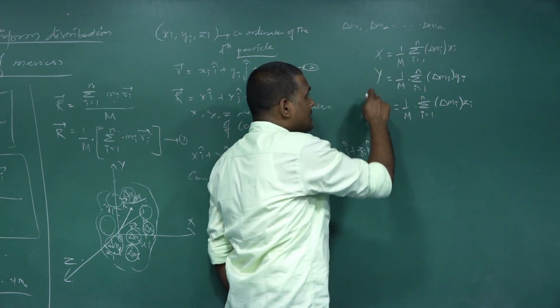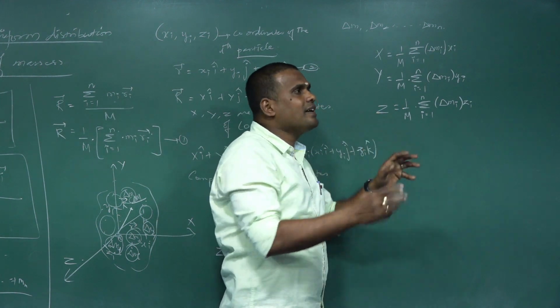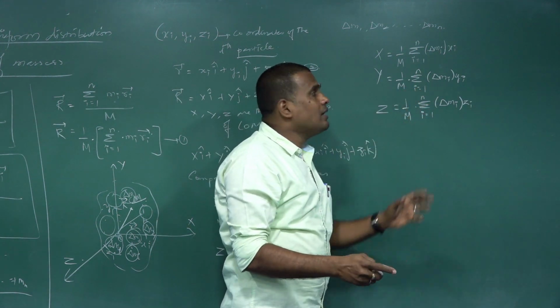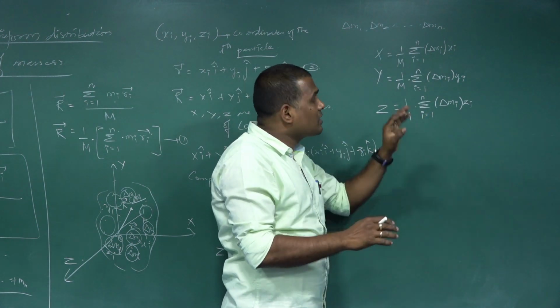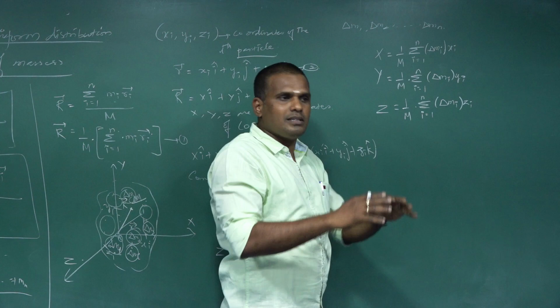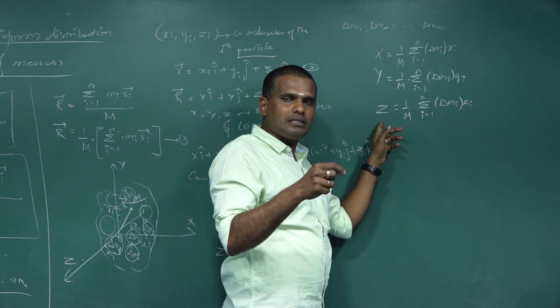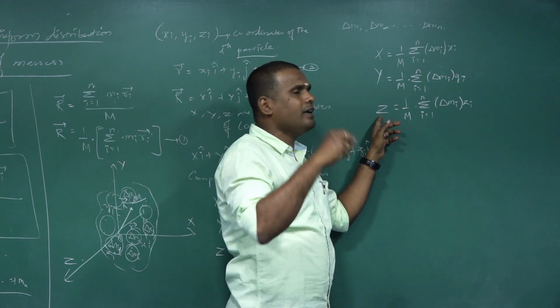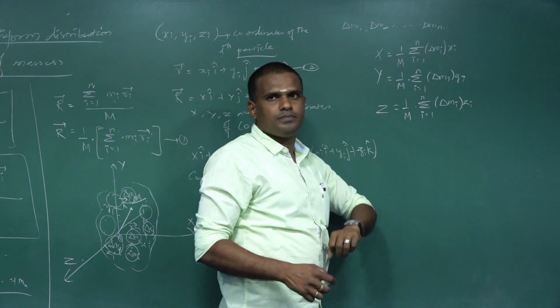And this representation is the coordinates for the center of mass of the system consisting of these elements. Instead of speaking about particles, I transformed this into elements, the system consisting of elements. And X, Y and Z are the position coordinates along the x, y and z directions of the center of mass of the elements.